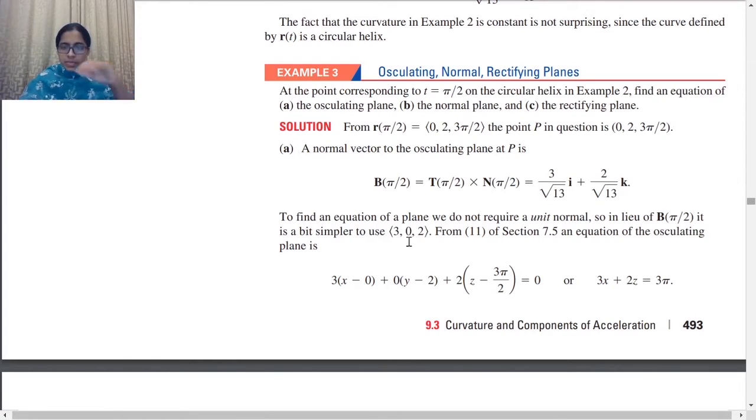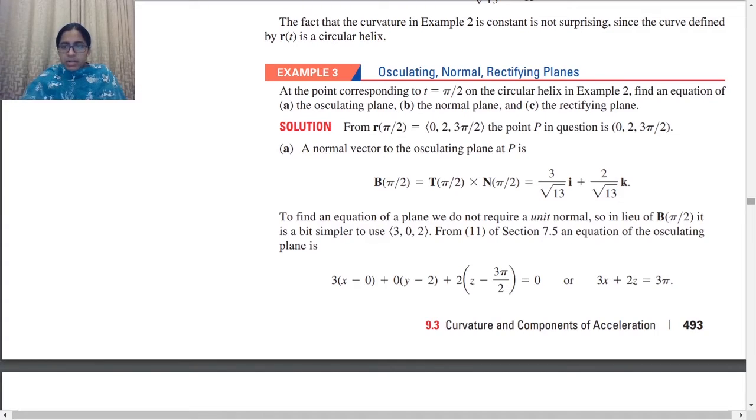Now using this vector and the point which we have found, we are going to find the equation of the plane. The equation of the plane will be none other than 3 times (x minus 0) plus 0 times (y minus 2) plus 2 times (z minus 3 pi by 2).